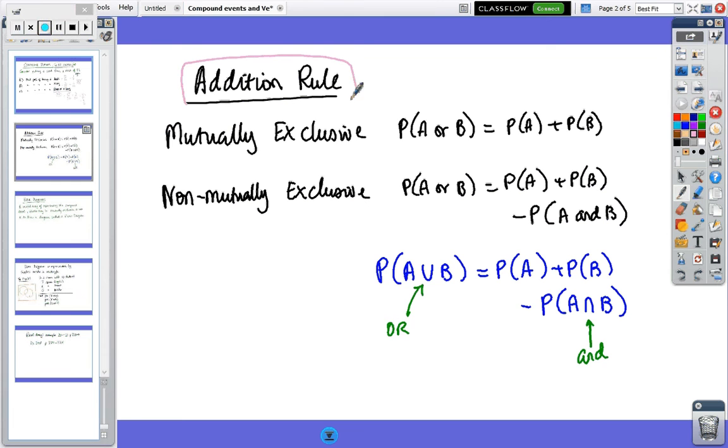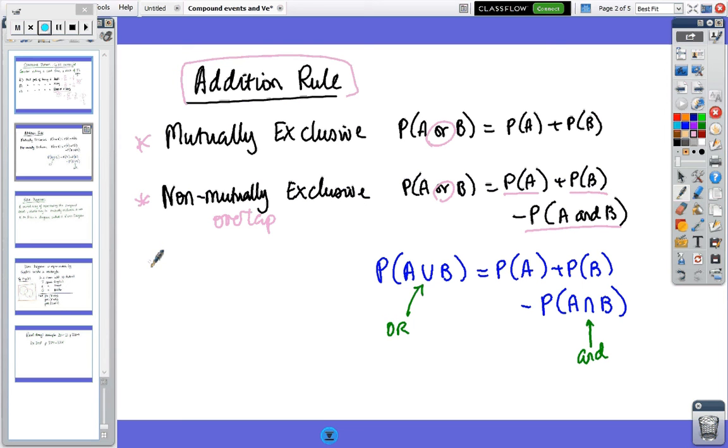There's an addition rule, using this word or. If the events are mutually exclusive, you can just add A and B. But if they're non-mutually exclusive, i.e. there is an overlap, then we add the 2 together and we have to subtract the overlap.